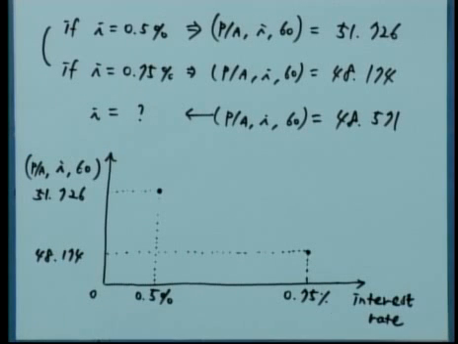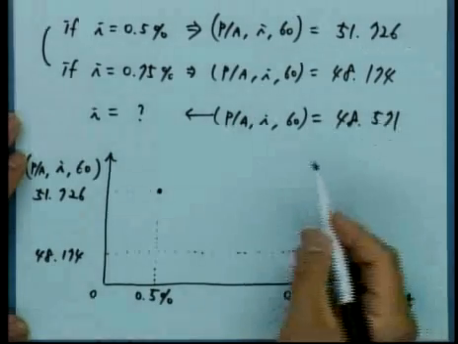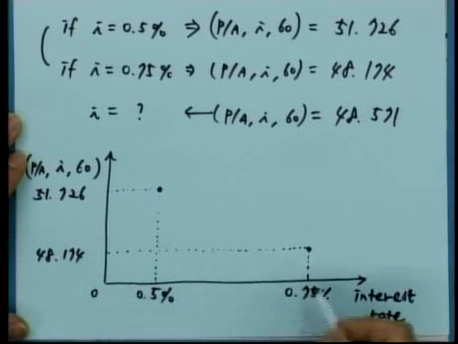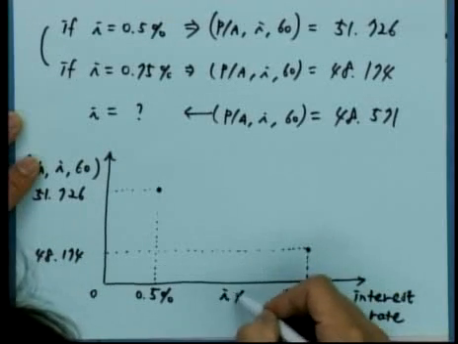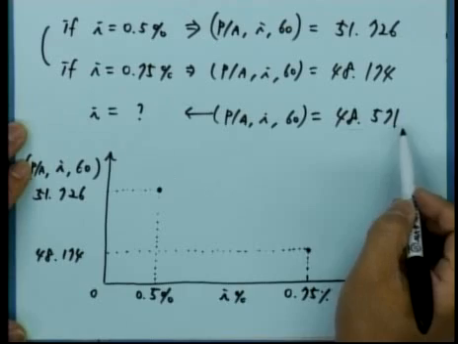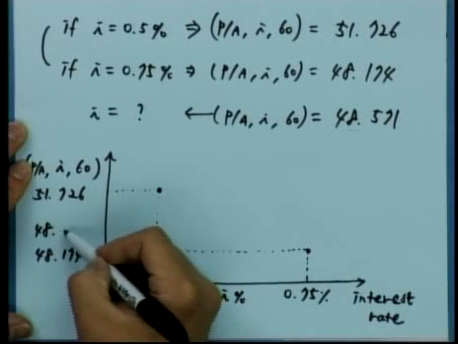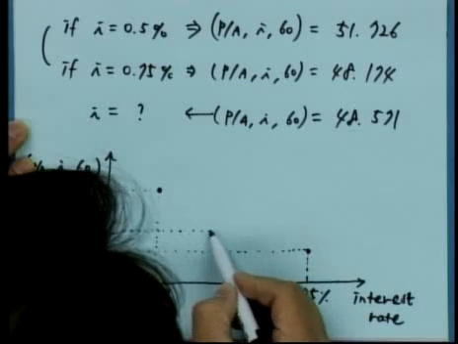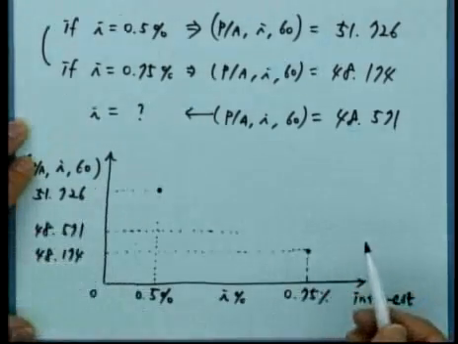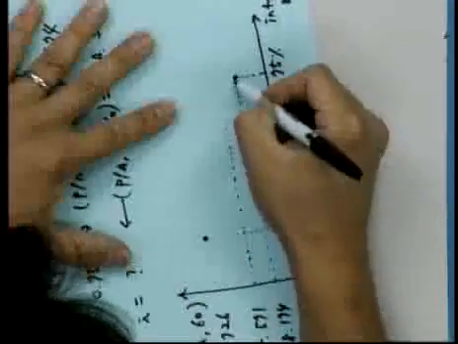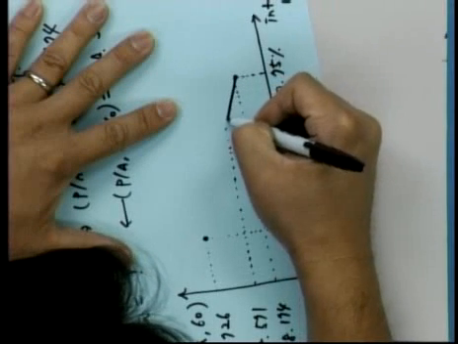And if the monthly rate is I, somewhere between these two interest rates, then the corresponding factor value is 48.571. So before we do that, we need to connect these two lines to these two points.